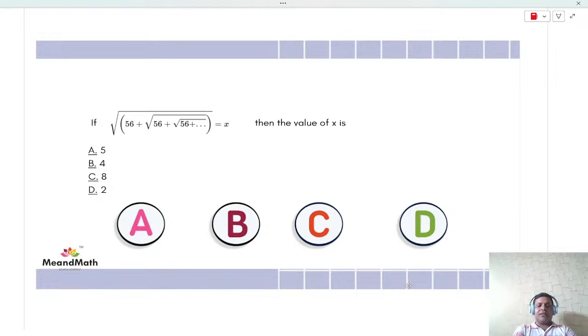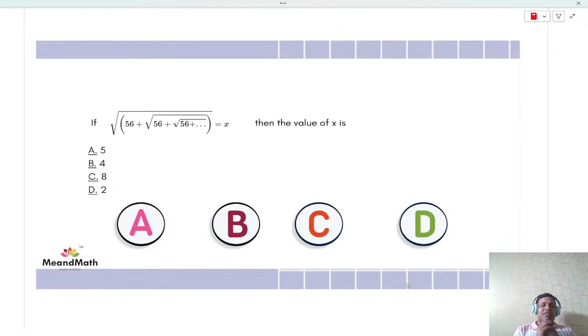If you don't remember or haven't learned them, then you have to learn squares up to 25 and cubes up to 15 for your quick calculation.